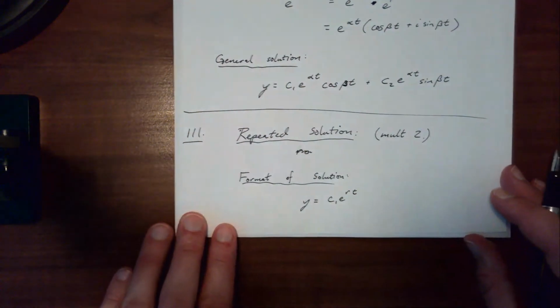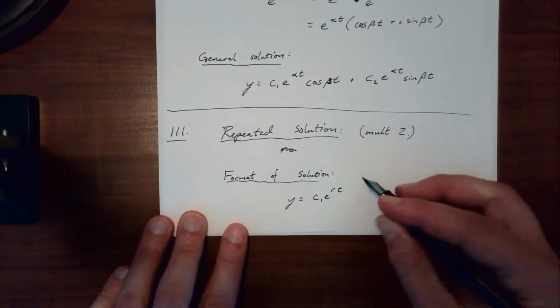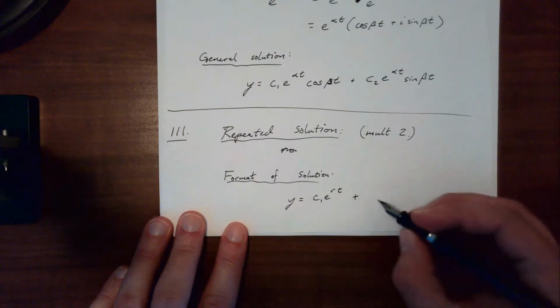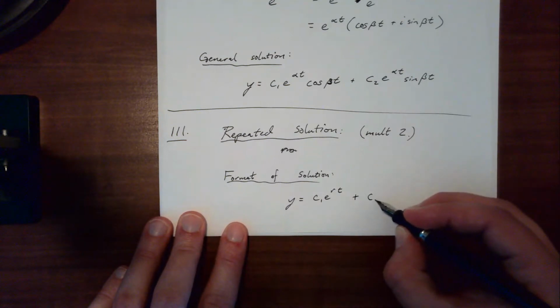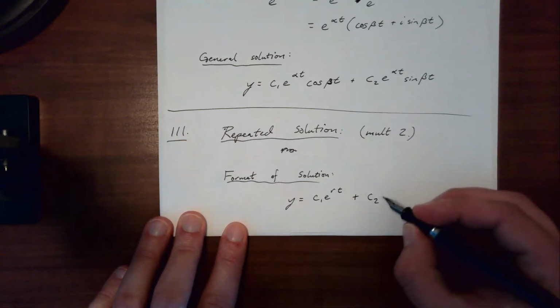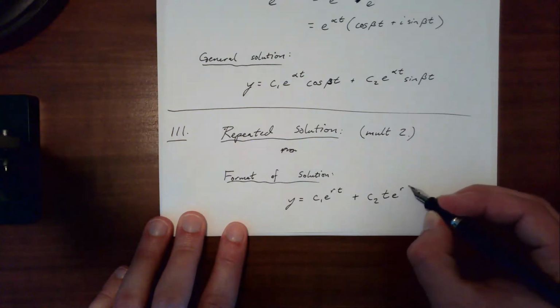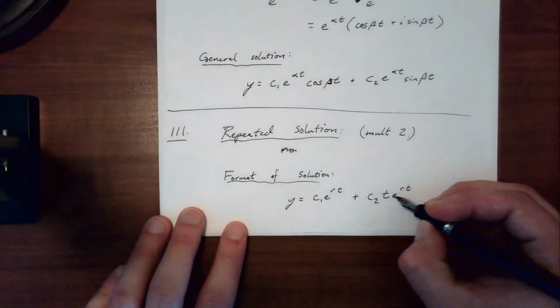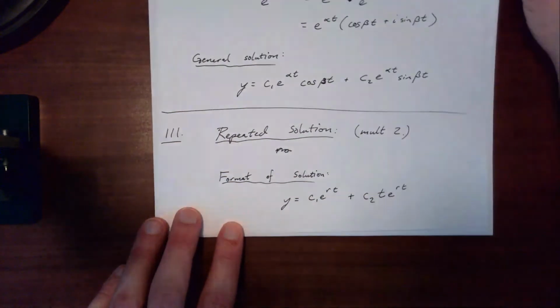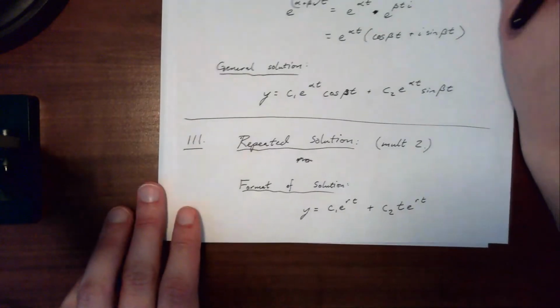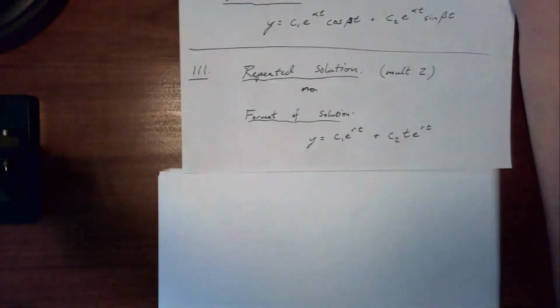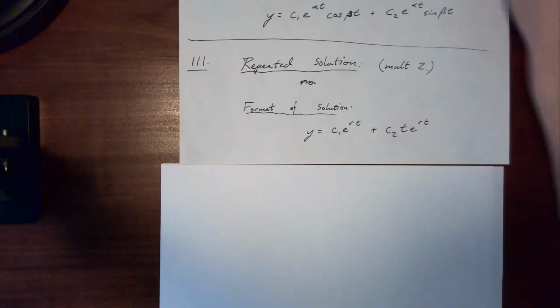Now, the part that is out of the ordinary is the next term here, and we'll see why this works in a second. But c2 t e to the rt. So we give an extra factor of t to the term that we already had, and let's see what happens and why this works.